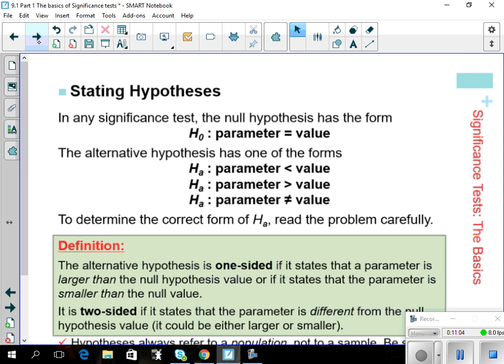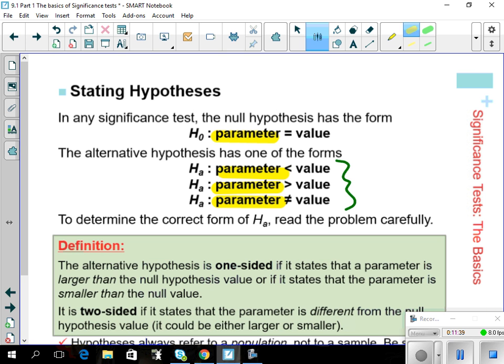So, again, here are the three scenarios. Your Ha has three ways. You can be greater than, you can be less than, and you can be not equal to. The key part here, and this is a very key part, is that always in your hypotheses, we're talking about the parameter, not the statistic. Remember, think about your confidence interval.